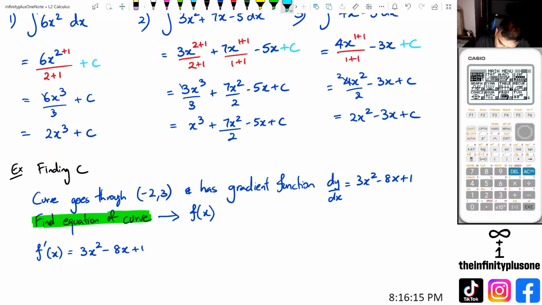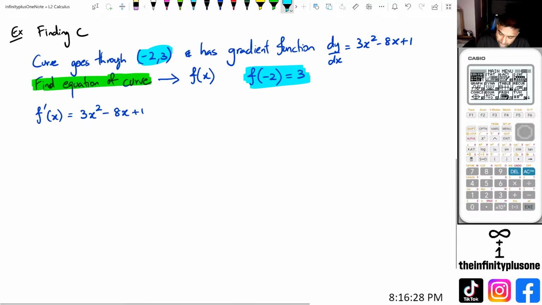When it says f of negative 2 equals 3, that's just another way of writing it. I'll do this part with you for the first one so you get the hang of it, and then we'll do a couple of questions, all right? So I'm going to integrate this. I could rewrite this as f of x equals 3x.